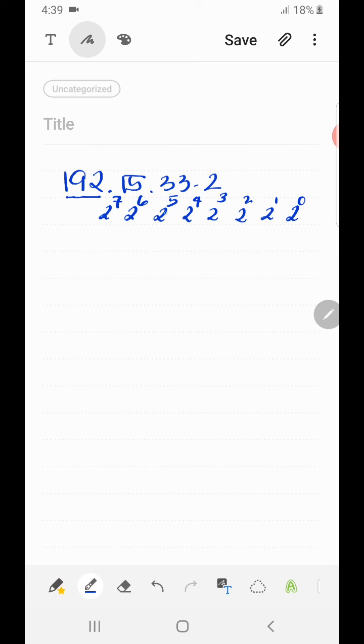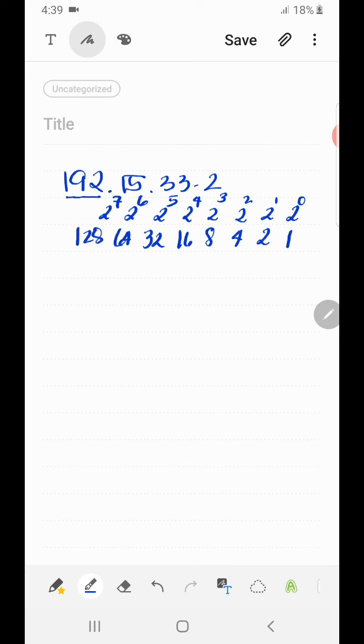Now, 2 to the 0 yields a number of 1, 2 to the 1 yields 2, and this is 4, and this is 8, and this is 16, and this is 32, and this is 64, and this is 128. Now, how was I able to get that?